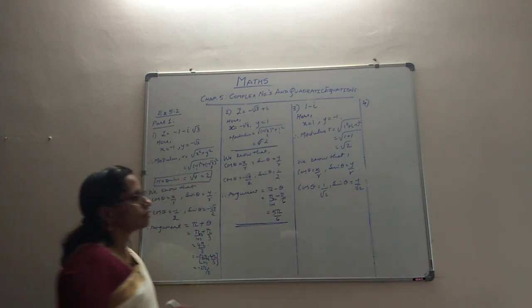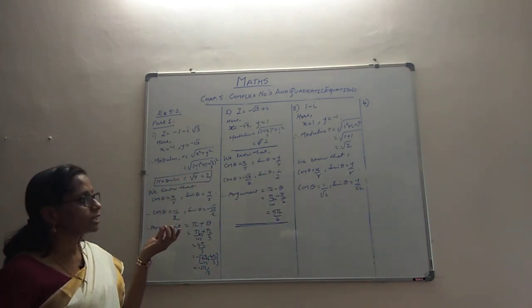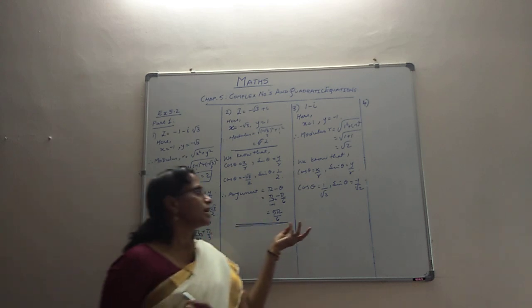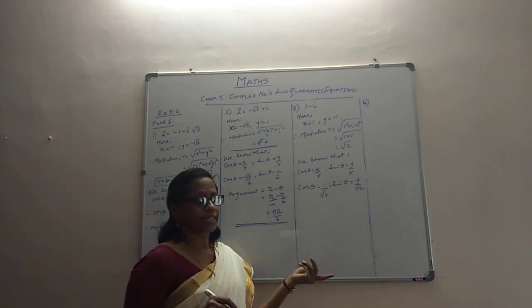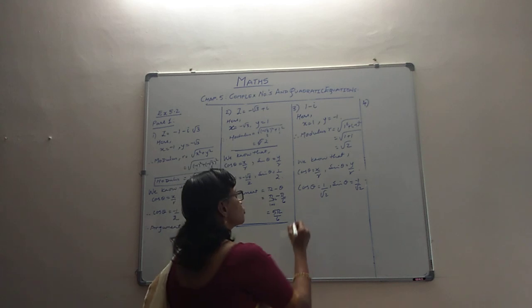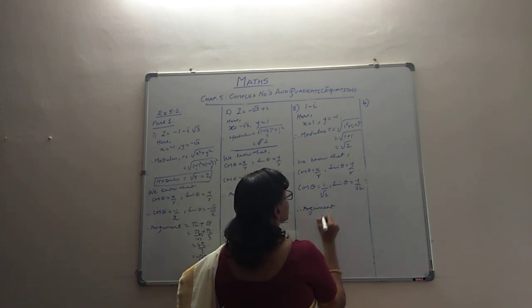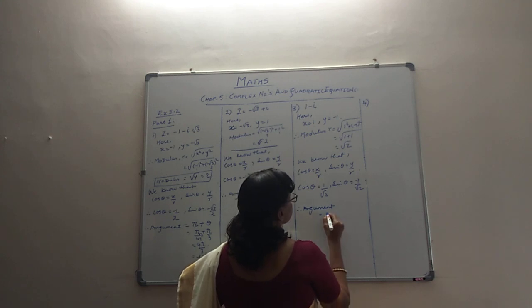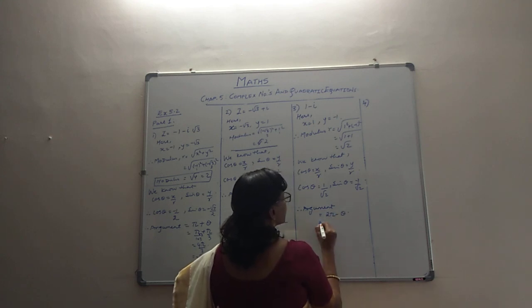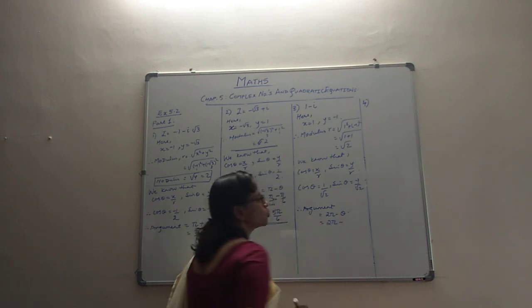So we have to find that quadrant where cos is positive and sin is negative. That happens in the fourth quadrant. So your argument is going to be 2 pi minus theta.